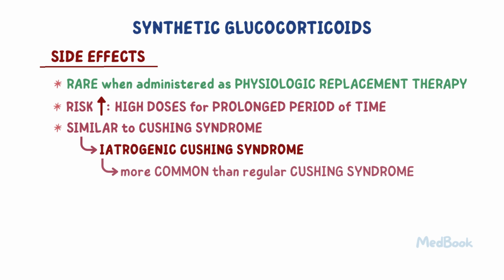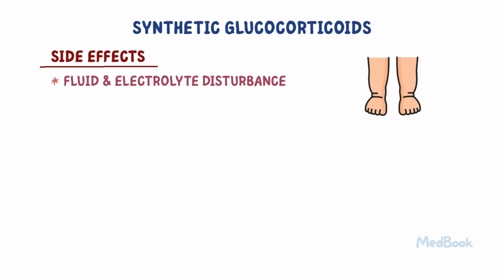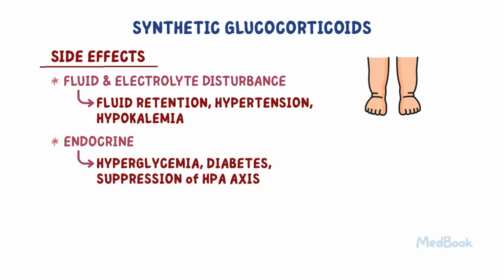This is actually more common than regular Cushing syndrome, since glucocorticoids are frequently used to treat fairly common conditions like rheumatoid arthritis and asthma. Other side effects include fluid and electrolyte disturbance, such as fluid retention, hypertension, and hypokalemia, endocrine side effects, such as hyperglycemia, diabetes, and suppression of hypothalamic pituitary adrenal axis, which can lead to adrenocortical atrophy.